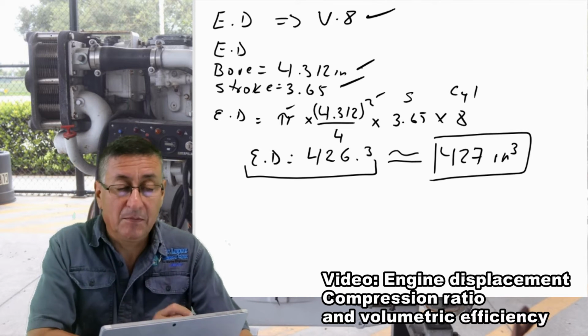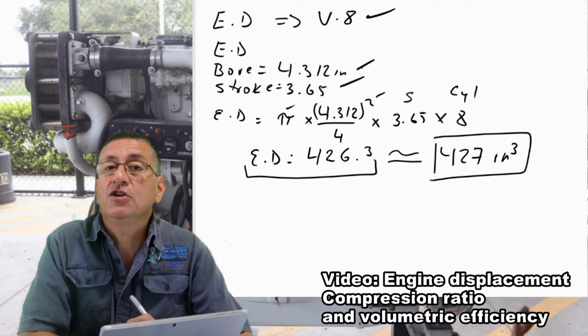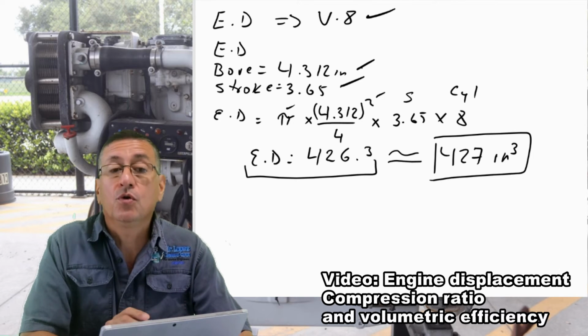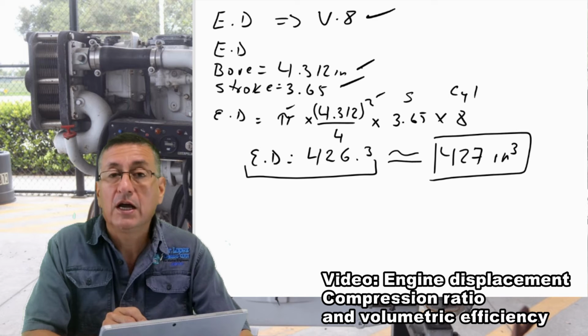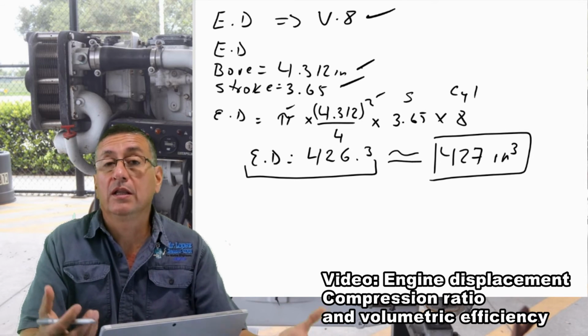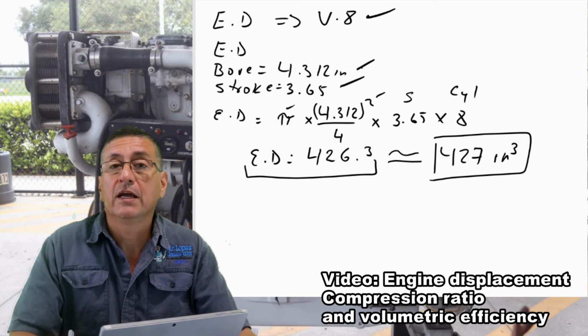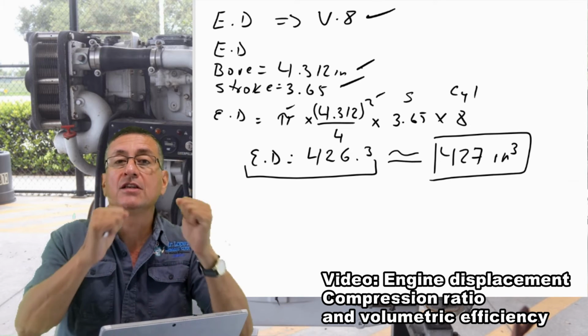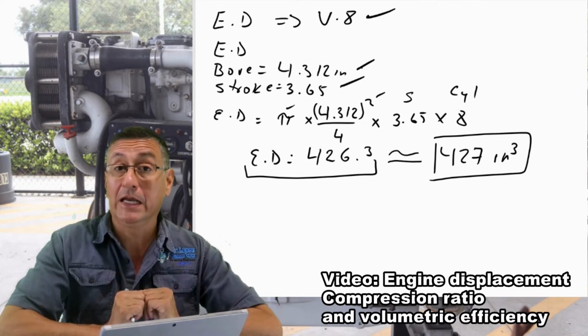This is a very common procedure to calculate the engine displacement if you know the bore and the stroke, and you want to know the total amount of air that the engine can suck in when the pistons are going down.